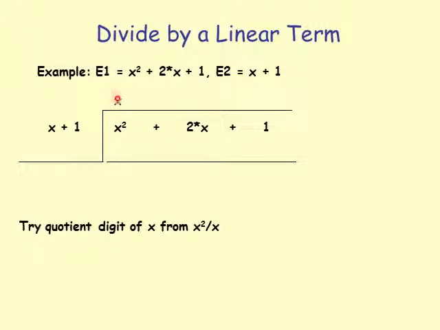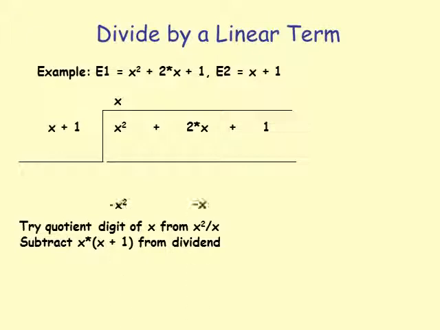From that I have to take out x times the divisor. We'll subtract x, my quotient digit I just used, times the divisor from the dividend.